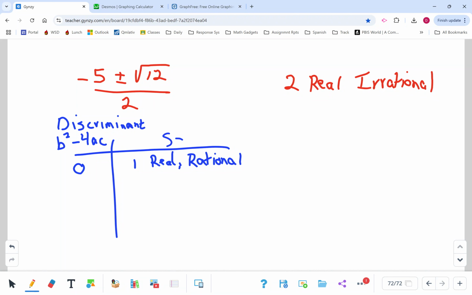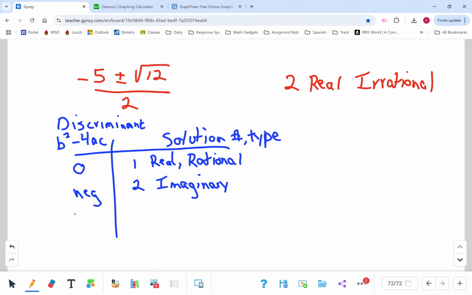So in our table, solution types, solution number and type. If it's positive, well, let's do negative first. If it's negative, you end up with 2 imaginary solutions.